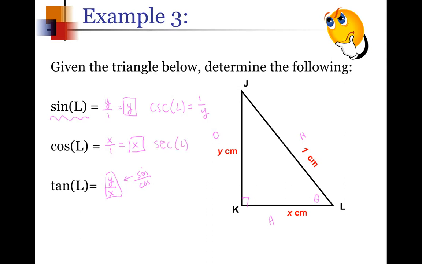That's the reciprocal of cosine. The secant of L is going to be 1 over x. What about the cotangent of L? Well, that's going to be the reciprocal of this, x over y. Instead of it being sine over cosine, I'm going to have cosine over sine.